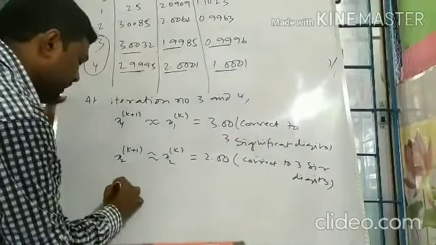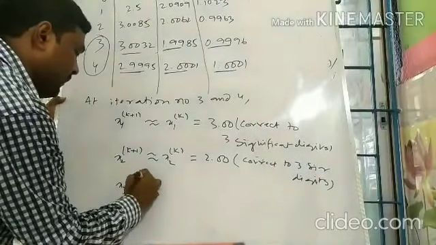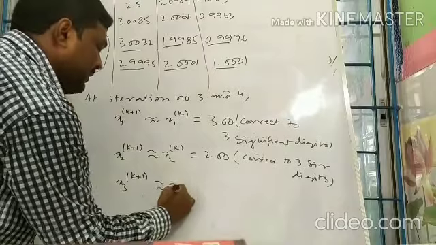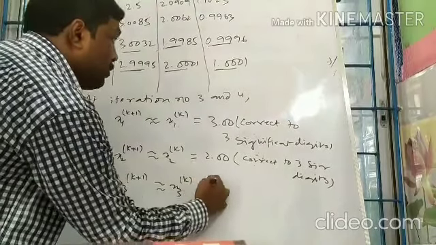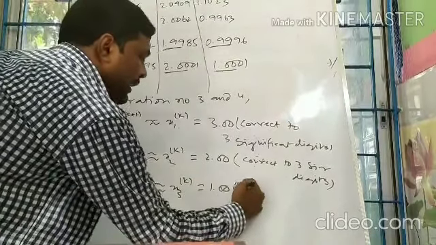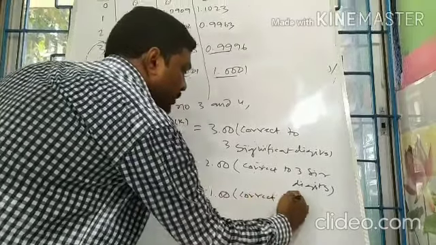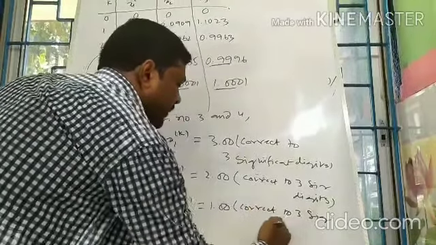And x3 (k+1) approximately x3 (k) equals 1.00, correct to 3 significant digits.